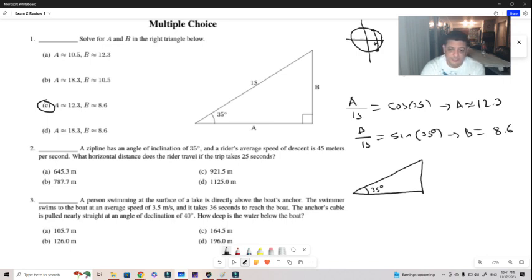We want to check what is the horizontal distance that the riders cover if the trip takes 25 seconds. So we know that this distance is being covered at 45 meters per second. So this hypotenuse is going to be 45 times 25.